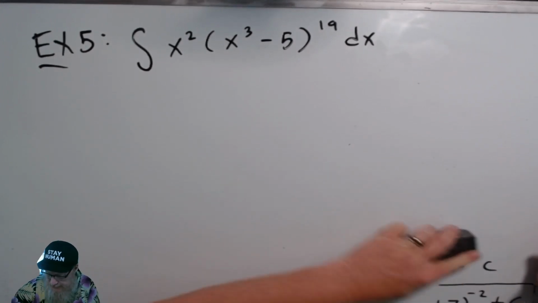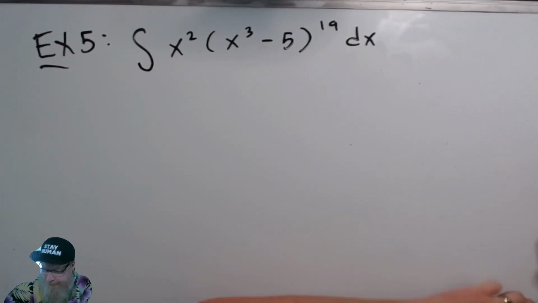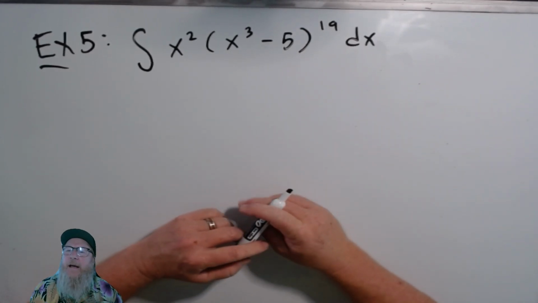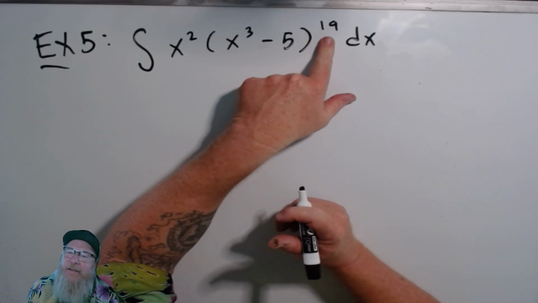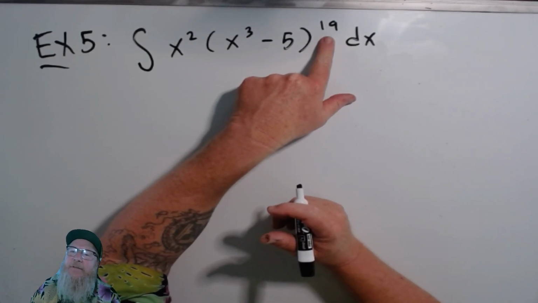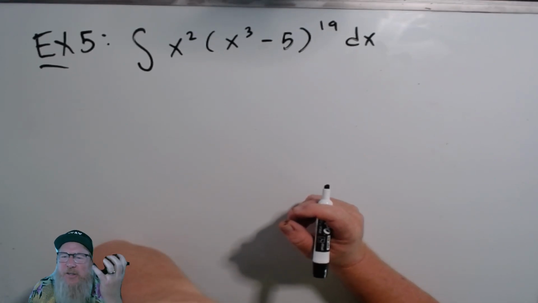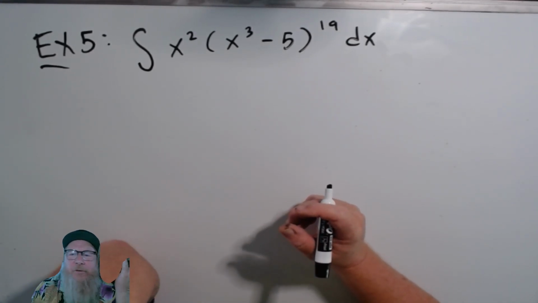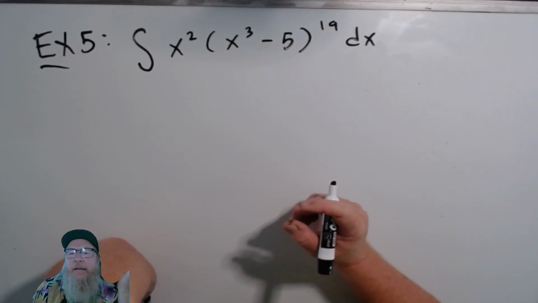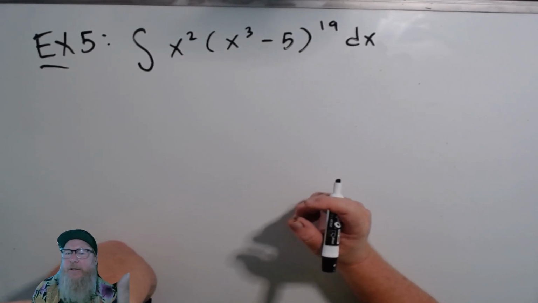Although you could do it, I don't want to make you do that. The whole point is not having to multiply this out 19 times. When something only has a power that's 2 or 3, sure, you could multiply it out. In fact, I hope you could do it when the power is only 2 or 3.